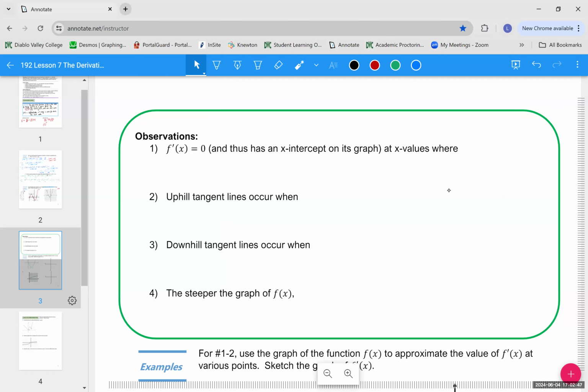What about uphill tangent lines? When are those happening? What can you say about the function itself? Or downhill tangent lines? What's the function doing when the tangent lines are downhill? Okay. So take a minute to think about that, press pause, and then I'm going to go back and talk through them.